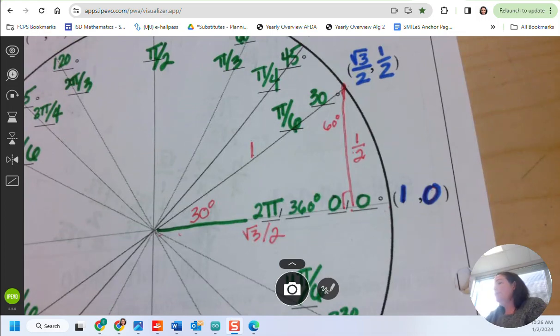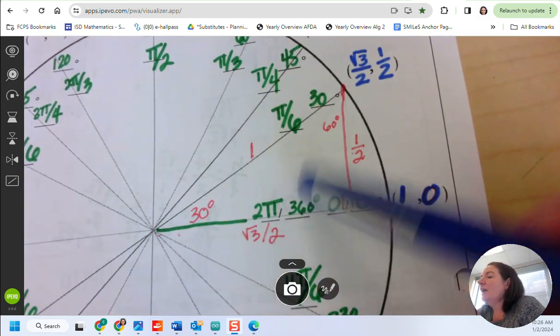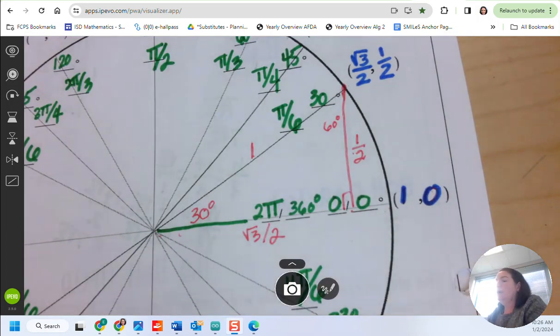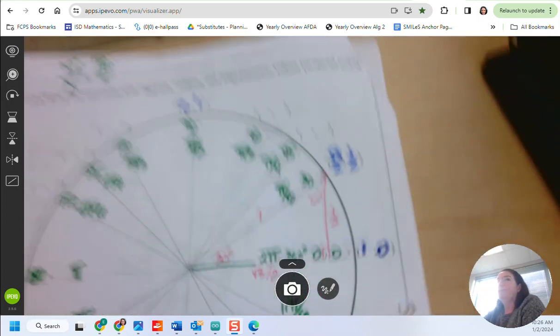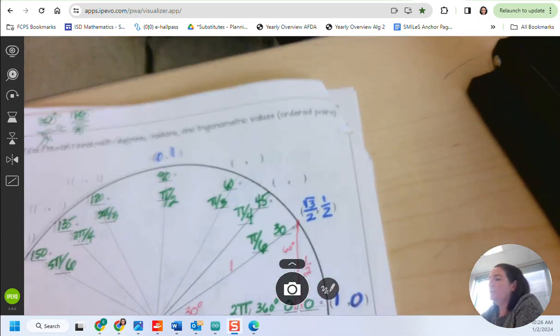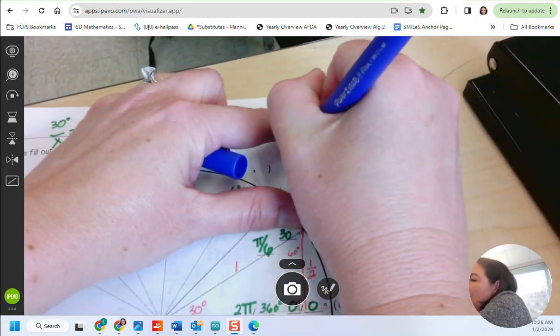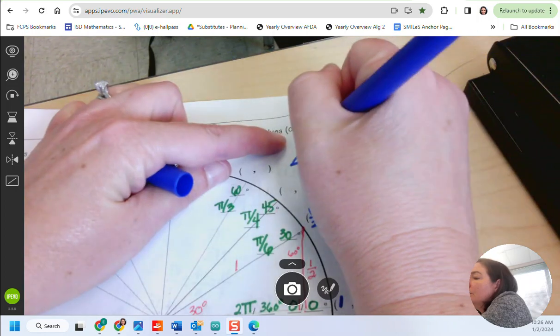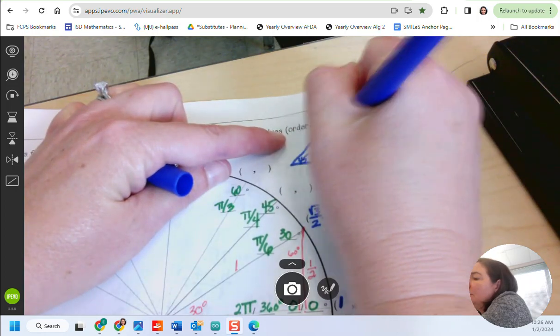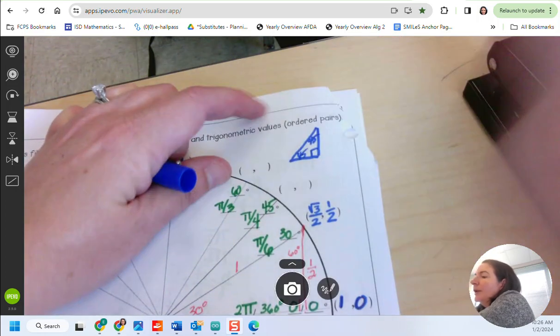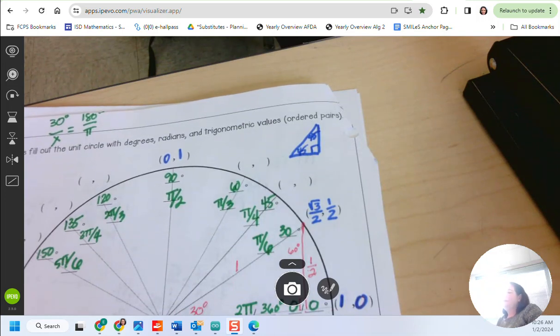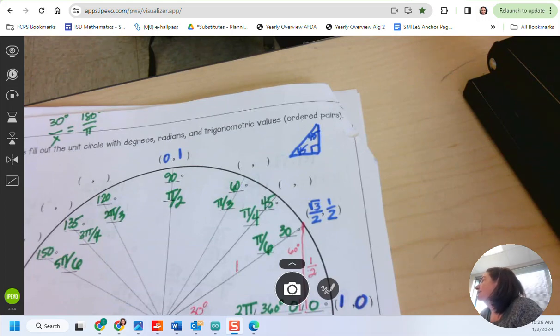All right, for the 45, it's getting messy to draw it in here, so I think I'm just going to try to draw it on the side. I'm going to draw it over here on the side, the 45-degree triangle. 45. Okay, so we had the hypotenuse as root 2, but we need the hypotenuse to be 1.